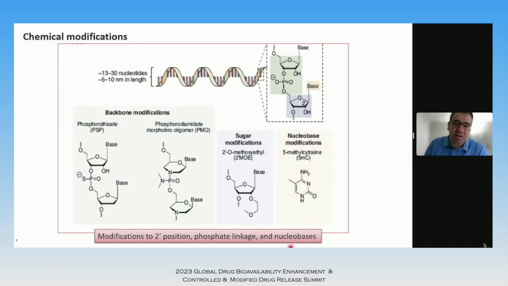And other than these two common approaches, there are more advanced, more difficult modifications that involve replacement of this sugar with another sugar moiety or using modified nucleotides, again, mainly to increase their stability and potency.